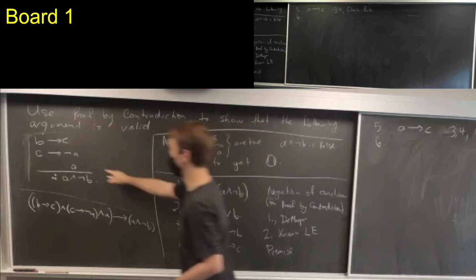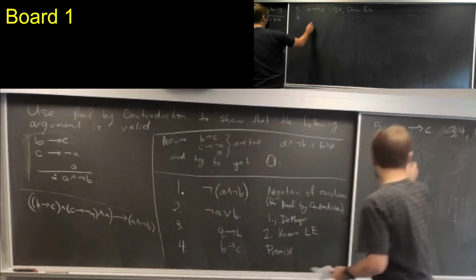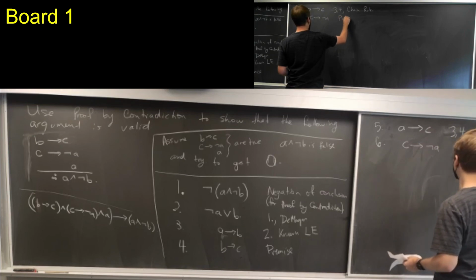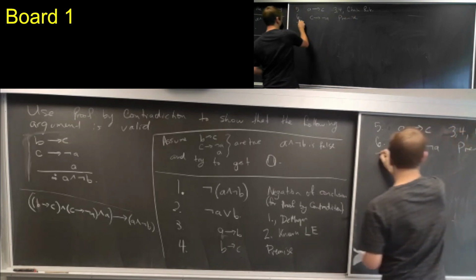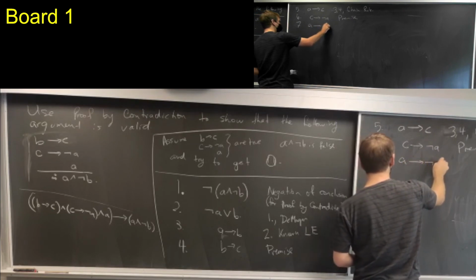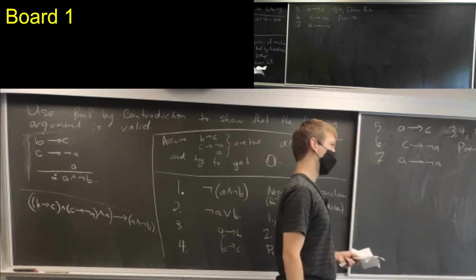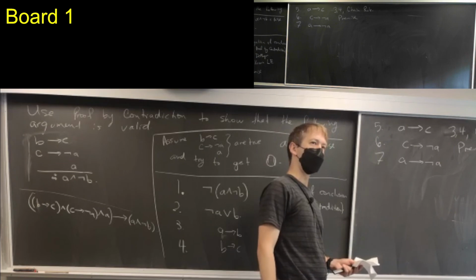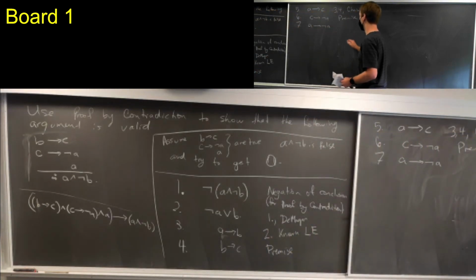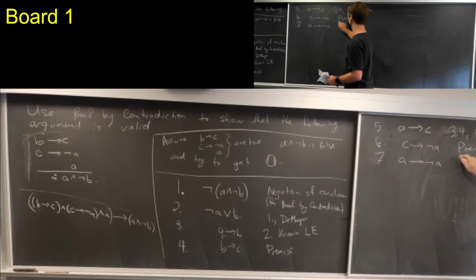I'll say C implies not A because that's a premise, and then I'll put these two things together: A implies not A, which looks like a kind of contradictory thing, almost. So this is 5, 6, chain rule.